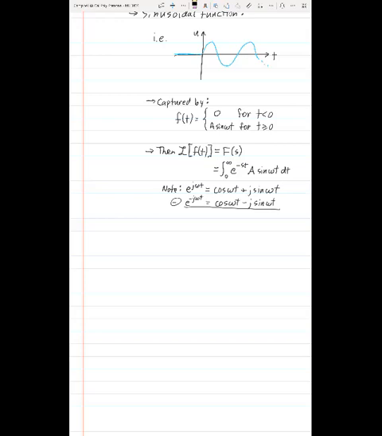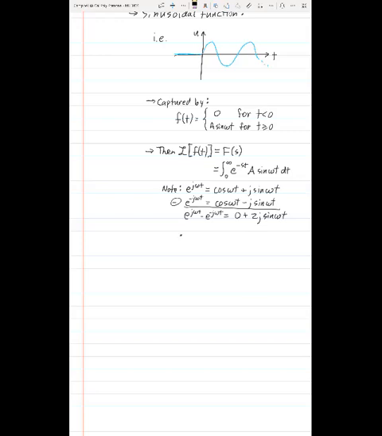So if I subtract the two, what do I get? I get e to the j omega t minus e to the negative j omega t is simply equal to 0 plus 2j, right? So the cosines, when I subtract the two, just go to 0. The sines then combine, so I get 2j sine omega t. And since we're working with sine in this particular case, that's exactly what we need.